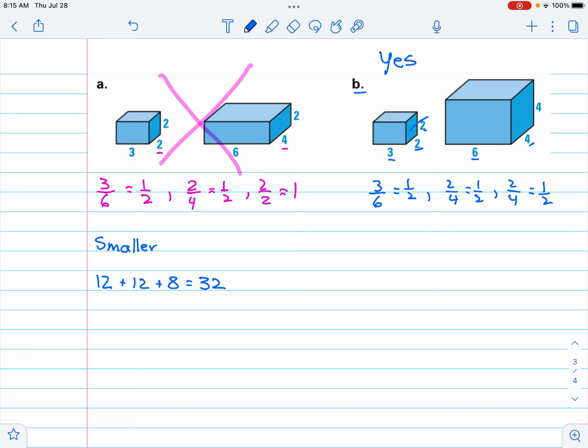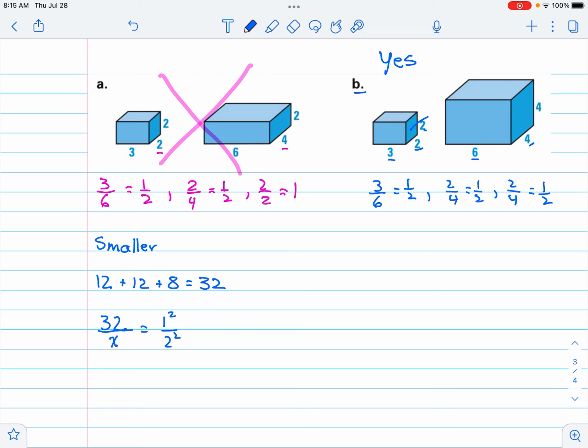Now, here's what we have. The surface area of this smaller one is 32. That's going to be proportional to, let me just call it X, the larger surface area. And that proportionality for the surface area is going to be 1 squared over 2 squared.